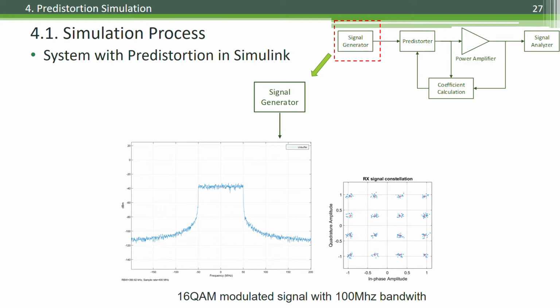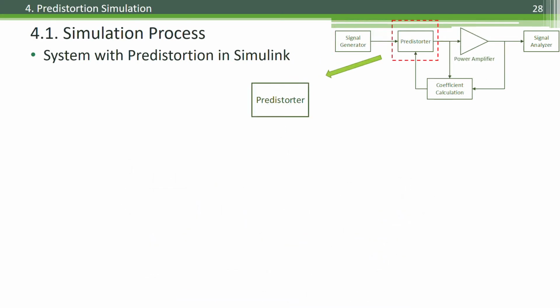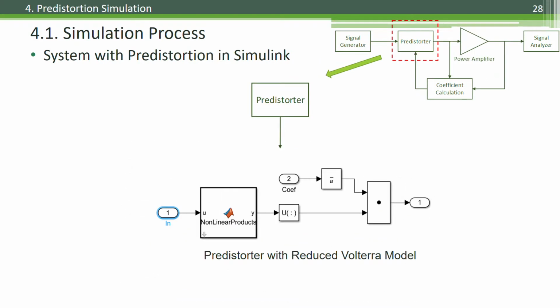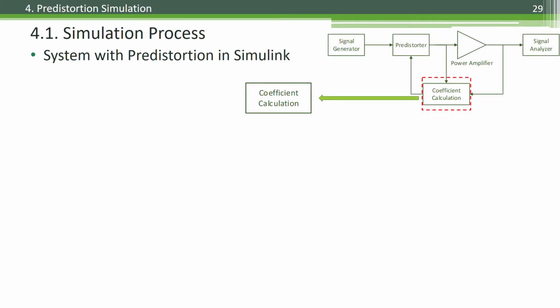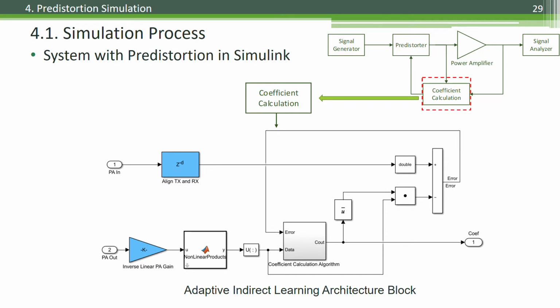In a signal generator, I simulate a 64-QAM modulated signal with 100 MHz bandwidth. With the predistorter, I simulate a reduced Volterra model. With a coefficient calculation block, an adaptive indirect learning architecture block is simulated.